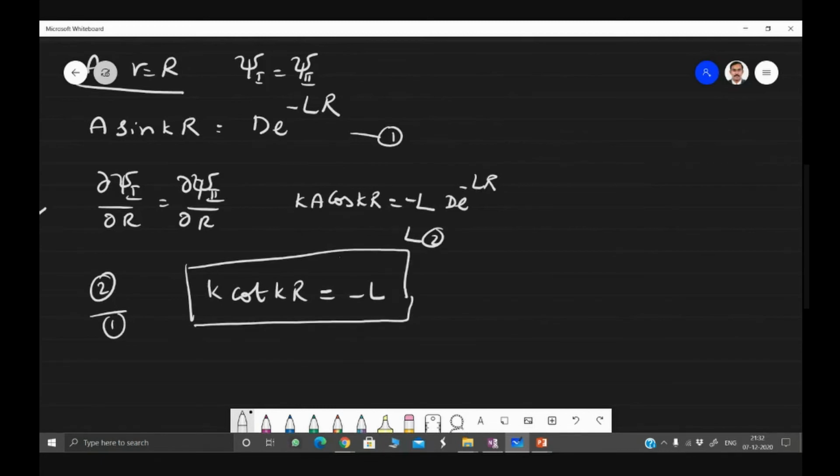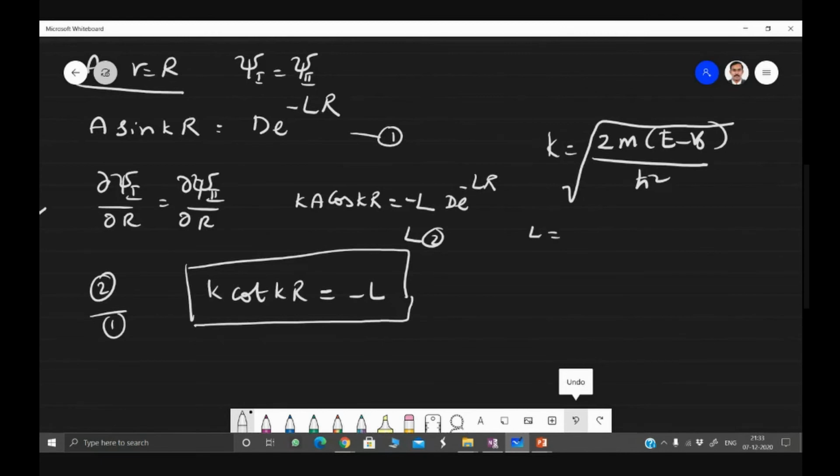So we obtain the expression K cot KR is equal to minus L, where K is already given as the square root of 2m (E minus V0) divided by H cross square, and capital L is given by the square root of minus 2mE by H cross square, and E is negative, so this will be a positive term.